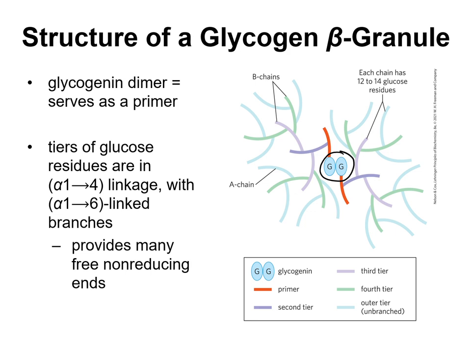Then you've got tiers of glucose residues that are in alpha-1,4 linkages that are linked with alpha-1,6 branches. So there's lots of free non-reducing ends. You can see kind of the different tiers of the glycogen. We're looking at all of the branching. It's a very, very big structure.